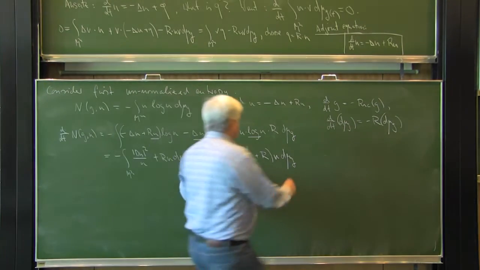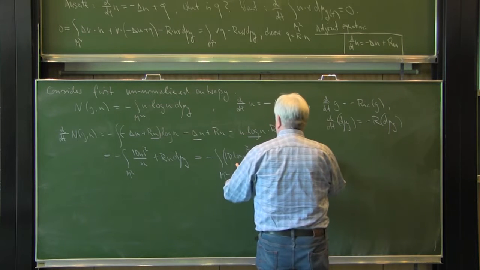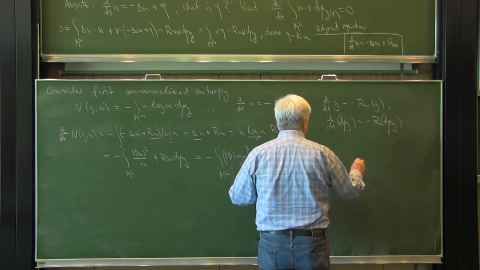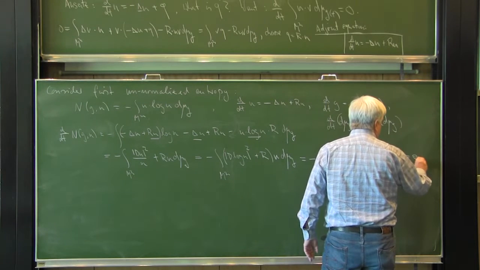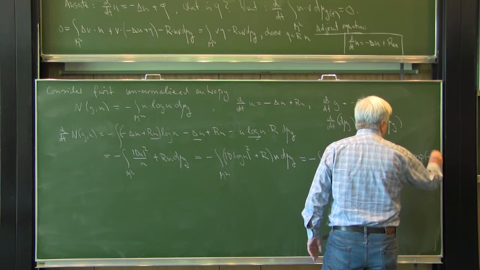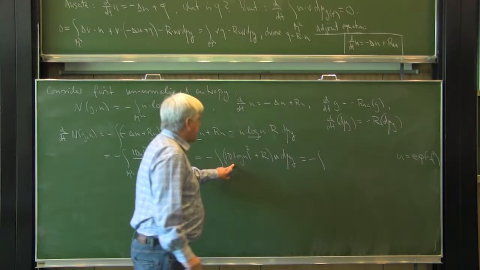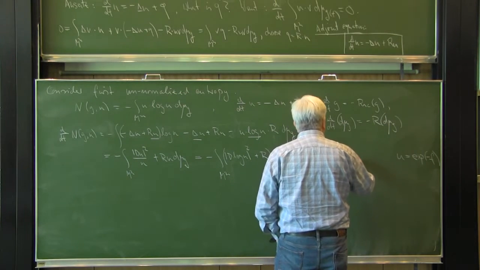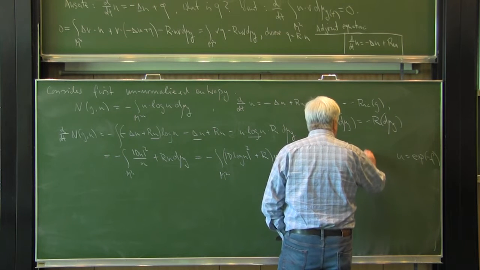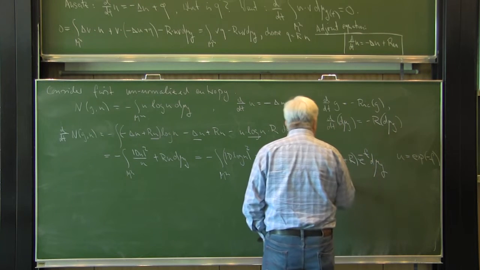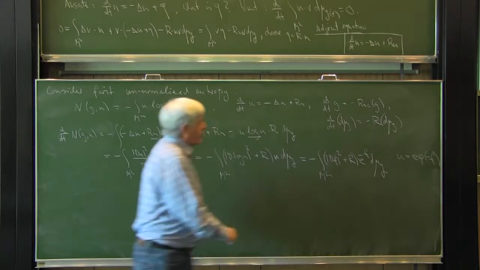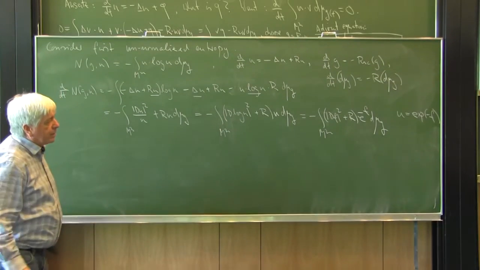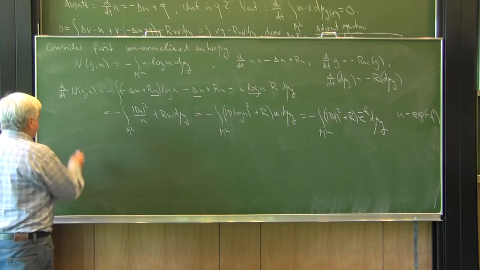And this in turn we can write as minus the integral, and if we now write again u as e to the minus f, then this becomes minus gradient f squared plus r times e to the minus f d mu g over M. And this function on the right hand side of f, Perelman called the F functional.